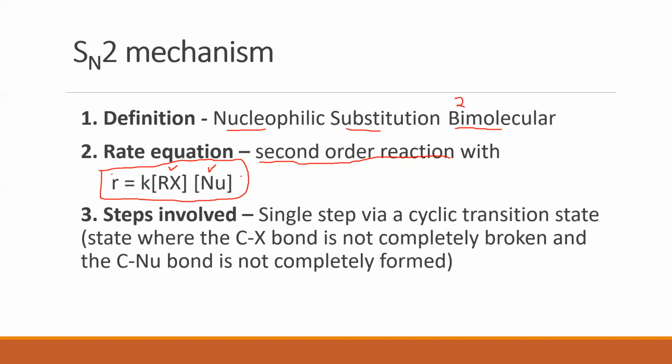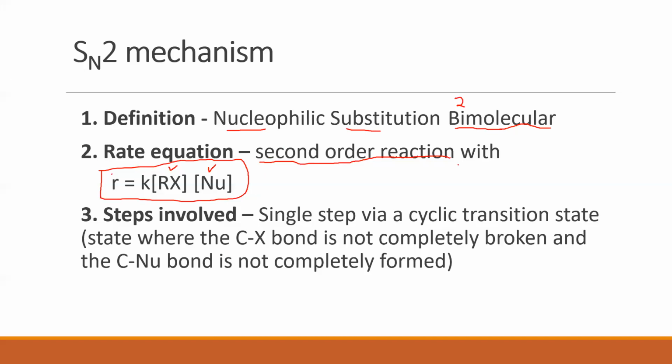So therefore there are how many molecules? 2 molecules. Hence we use the term bimolecular. Do you understand now? It's nucleophilic substitution bimolecular, because the rate is dependent upon the concentration of both alkyl halide as well as the nucleophile, as given in the rate equation.